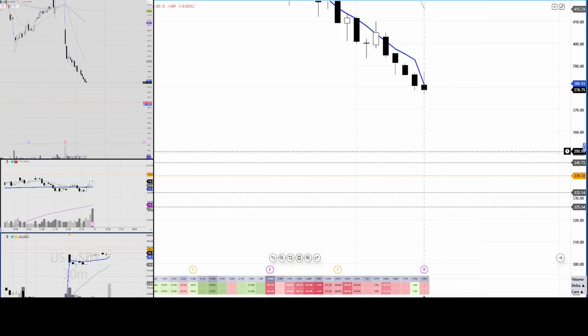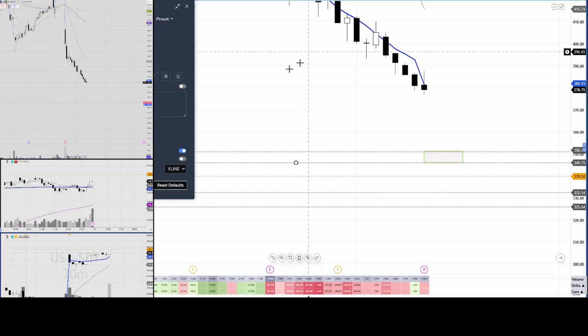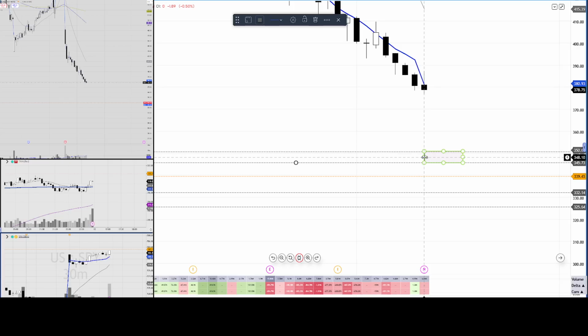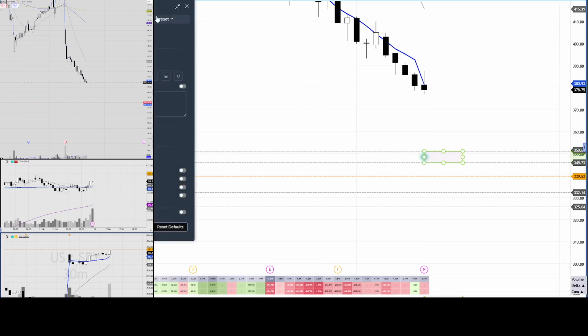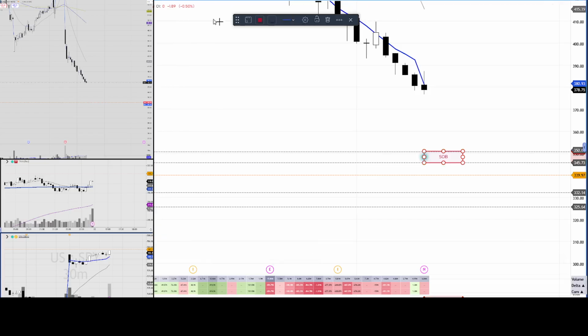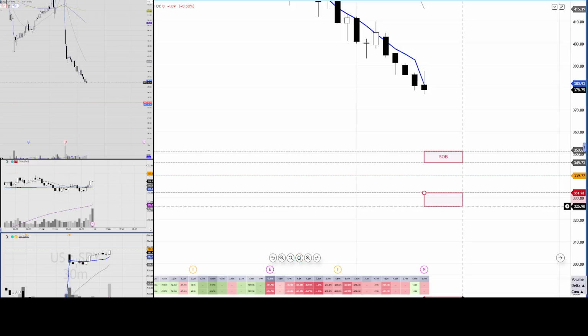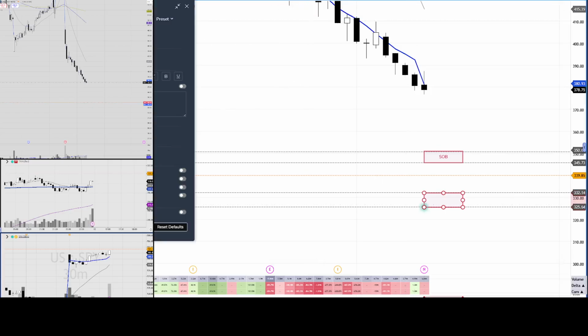We expect from here to here, reset, sell order block. Cannot control and paste this. Need to make another rectangle. This would be my buy order block.